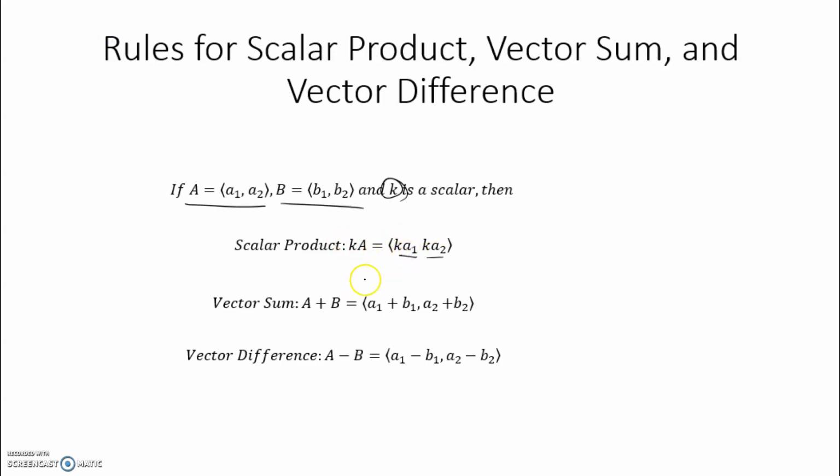If I'm adding two vectors, you add the first components from both vectors, comma, then add the second components from both vectors. Same thing for difference, except you're subtracting: subtract the first components from each vector, comma, subtract the second components from each vector.